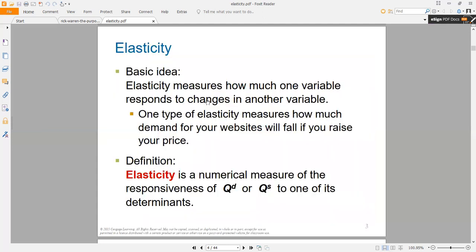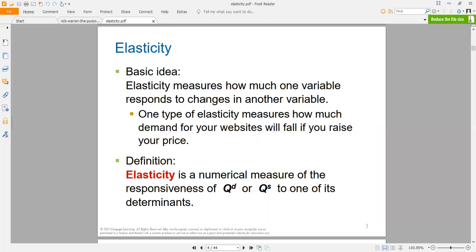So let's start with the basic idea of what elasticity is. Now, when you talk about elasticity, we are talking about how one variable responds to changes in another variable. So we have two variables, assuming X and Y. So we want to measure how changes in X will affect the quantity of Y. In other words, how will Y respond whenever there are changes in the variable X?